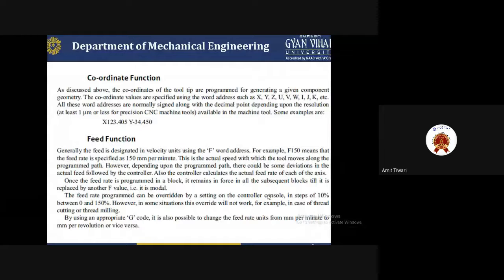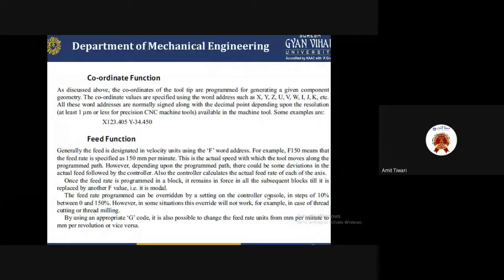Secondly, the feed function. The feed is generally assigned in velocity units, using the F word address. For example, F150 means that the feed rate is specified as 150 mm per revolution per minute.